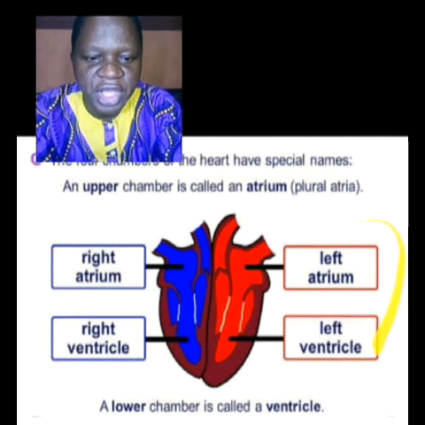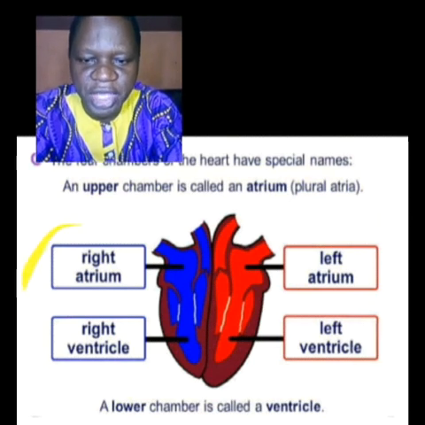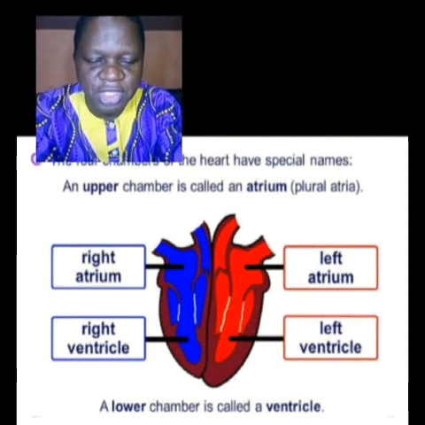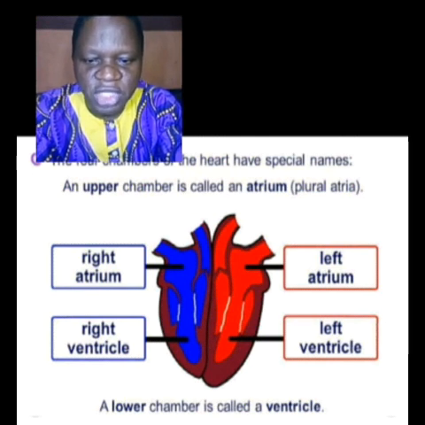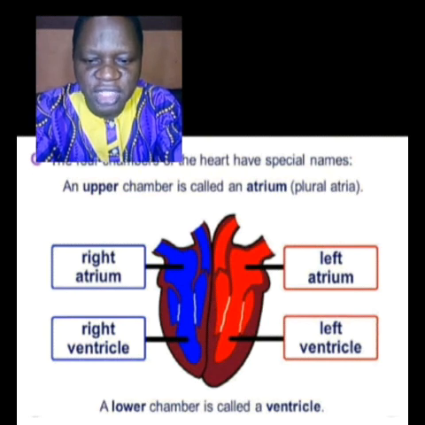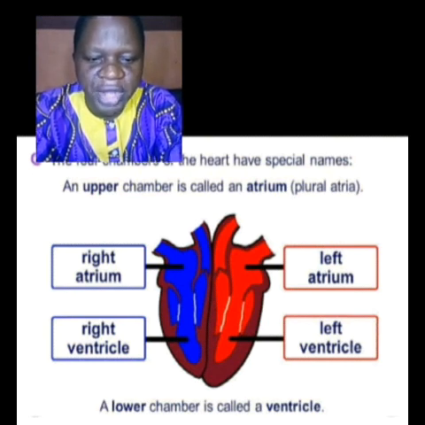Here you have the left, and here you have the right. The left atrium and the right atrium are the upper chambers. The right ventricle and the left ventricle are the lower chambers.